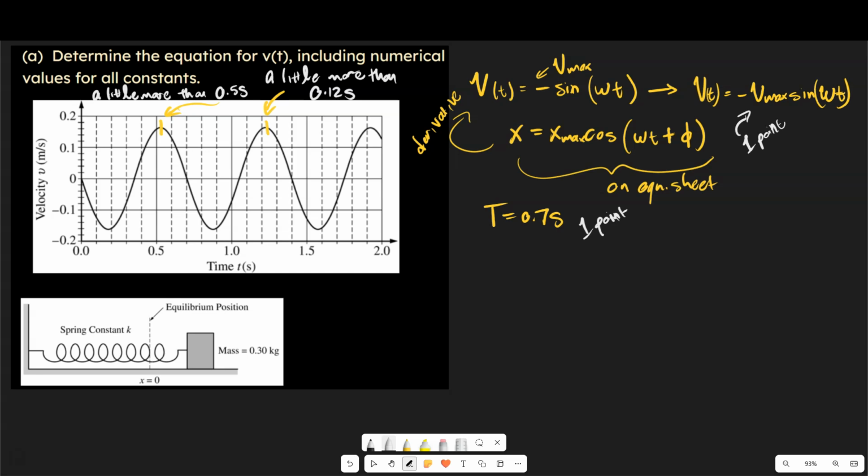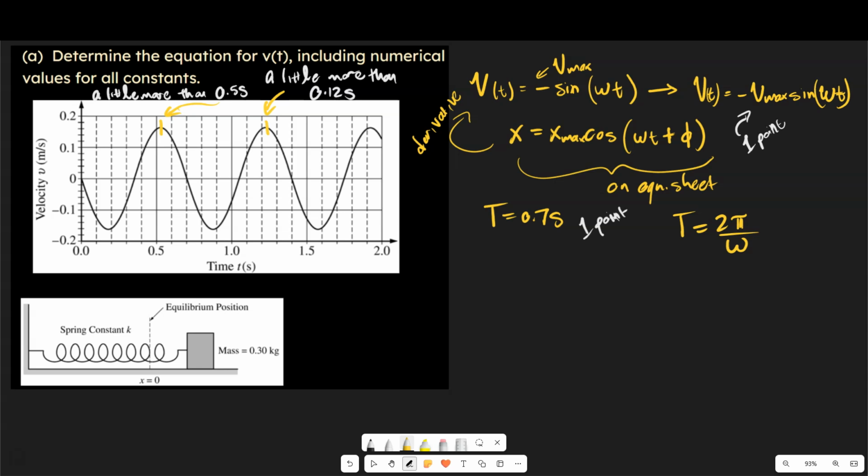And then you want to think to yourself, all right, they've given us something where we can interpret and get the period. What do we do with that? Well, a really crucial equation that's on your equation sheet is this: the period is equal to 2 pi over omega, which is another important step right here. We know that we need to have omega in our equation, and they're asking us to come up with specific numbers.